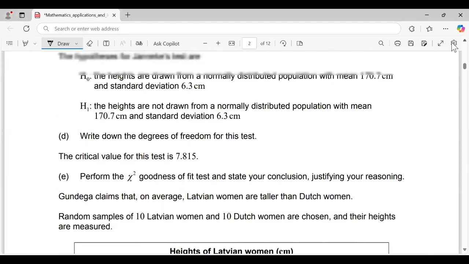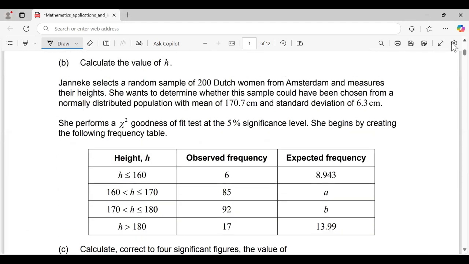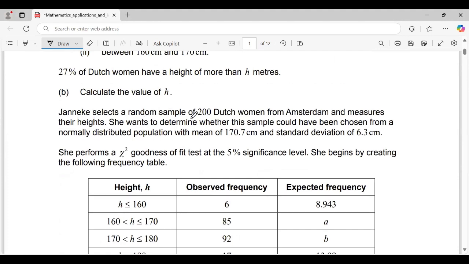Next, Zeneca selects a random sample of 200 Dutch women from Amsterdam and measures their heights. She wants to determine whether this sample could have been chosen from a normally distributed population with mean 170.7 centimeters and standard deviation of 6.3 centimeters. She performs a chi-squared goodness of fit test at the 5% significance level, so alpha equals 5%.